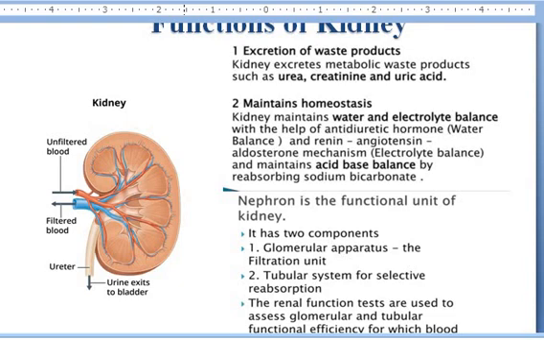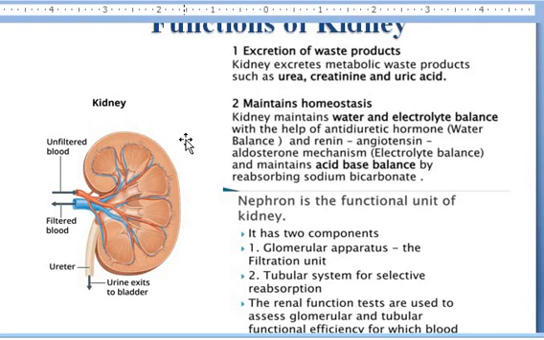Among them, the main role is maintenance of homeostasis. Homeostasis means maintaining a substance at a constant level in our system. For example, our normal blood glucose is 80 to 120 milligrams per deciliter, for a normal person.